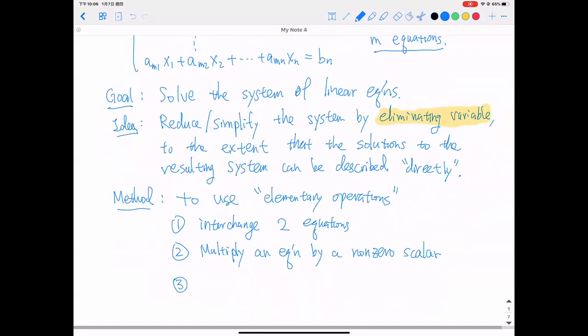The third operation is to add a constant multiple of one equation to another equation.